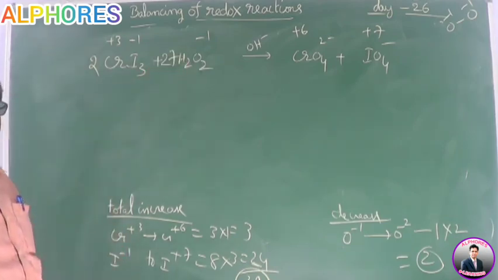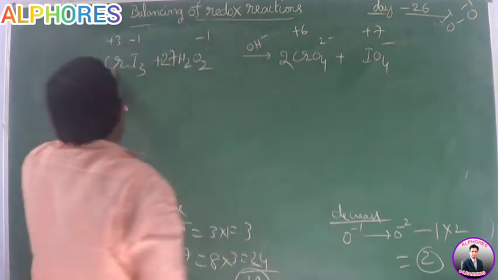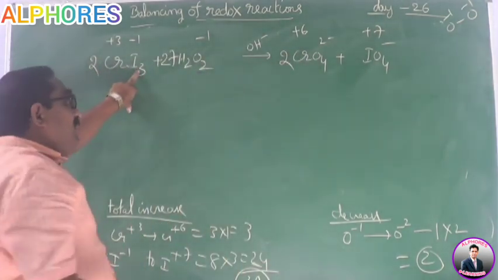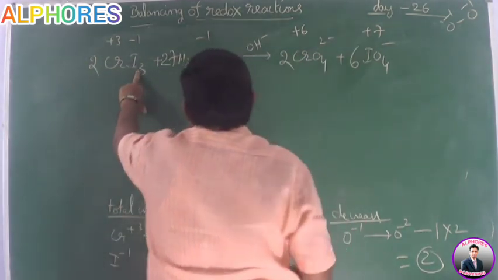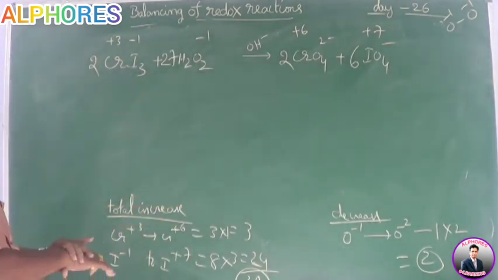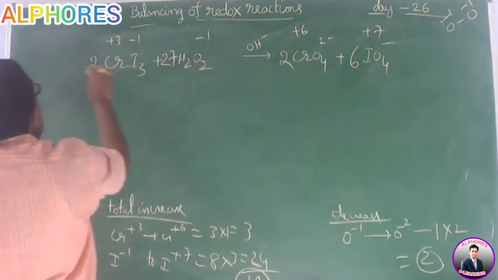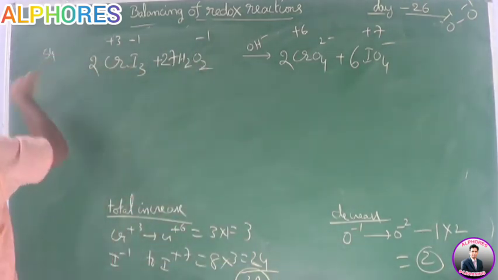Let me go for the normal balance. 2 chromiums, 2 into 3, 6 iodines, so 6 IO4 minus. Now let me balance oxygens. 27 into 2, 54.